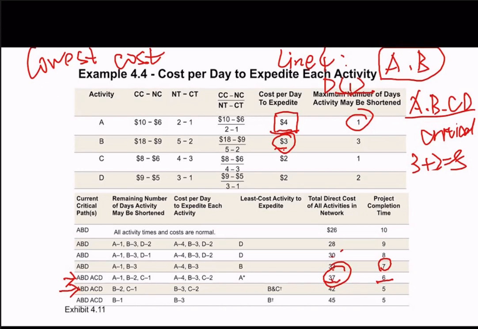So the only choice for us, if we still want to reduce the total time for this project, is to reduce both B and C. So it will be 37 plus 5, which is 42, because we need to reduce B for 1 day and reduce C for another day. So it's 3 plus 2, 5, 37 plus 5 will be 42.